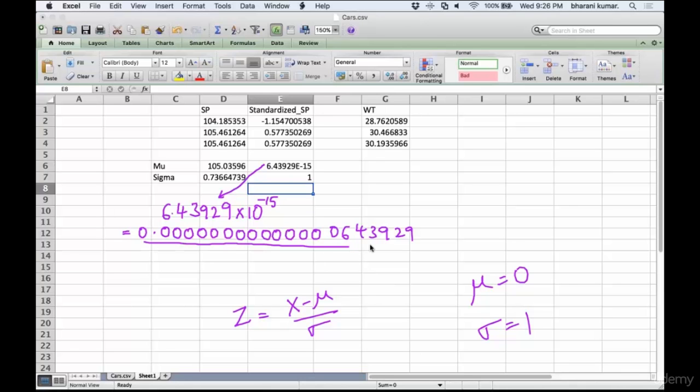Isn't this roughly equal to 0? Oh yes, this is approximately equal to 0. And this is how your Excel sheet would represent it. Not just Excel, any of your statistical tools would also represent such a big lengthy number in this fashion.